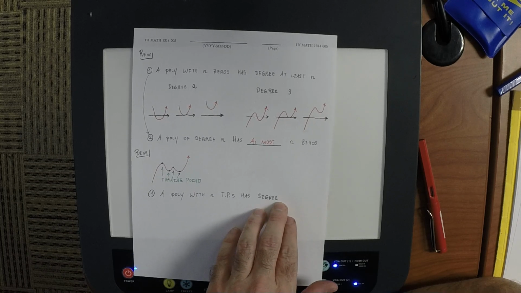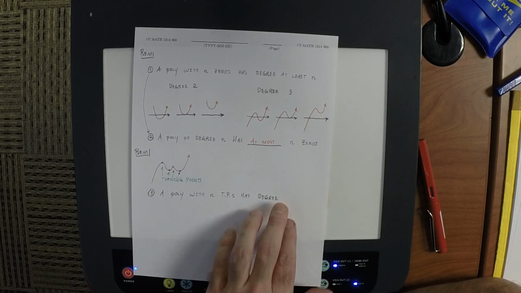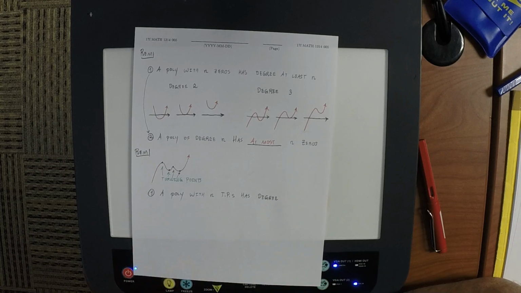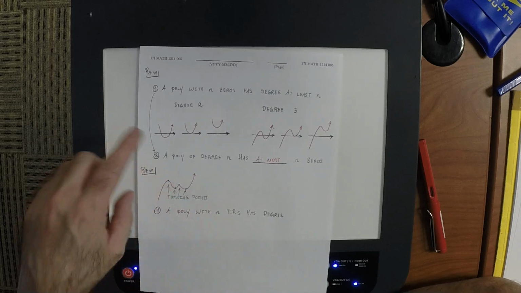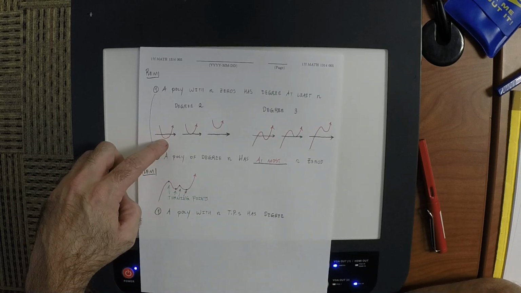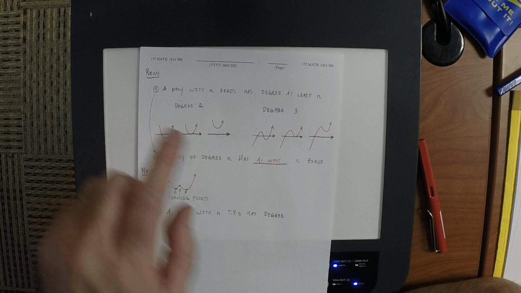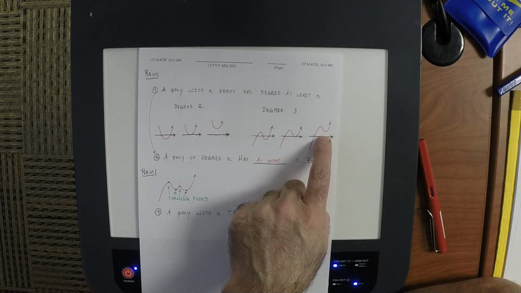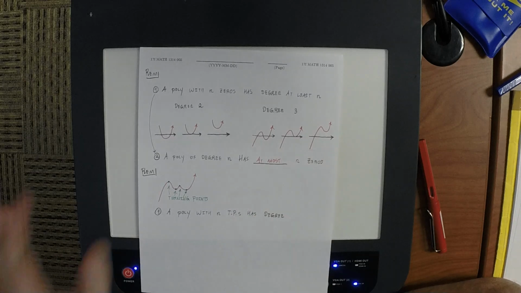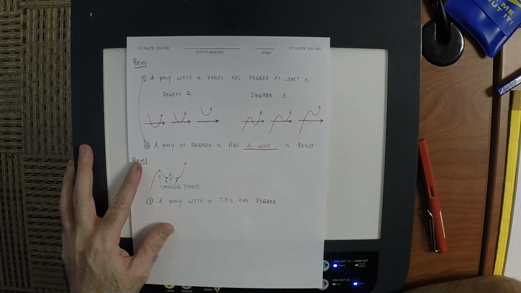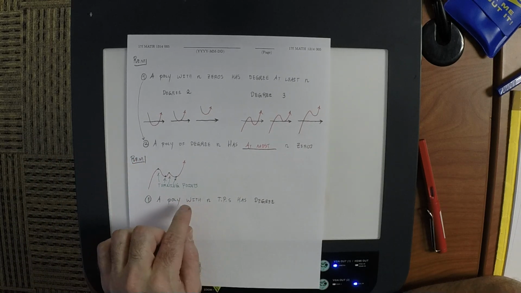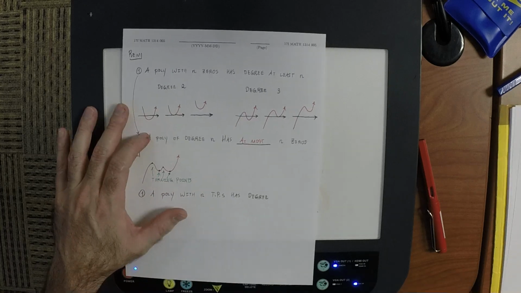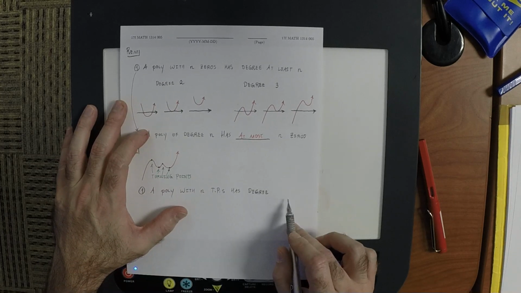A polynomial with n turning points. Not n minus 1, n plus 1, right? So this has one turning point, but what's its degree? 2. This one has 2 turning points, and what's its degree? 3. Very good. So if you have n turning points, then it has degree what?